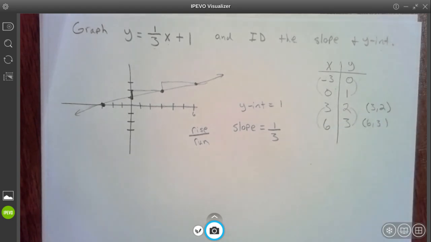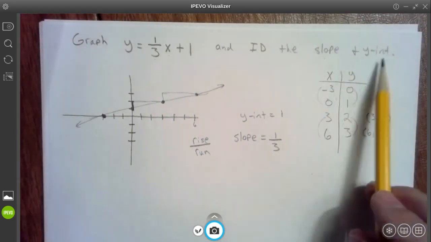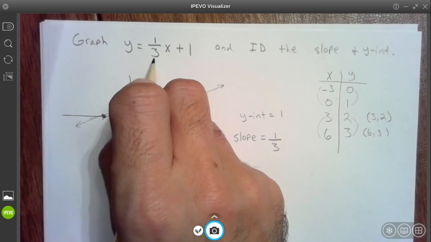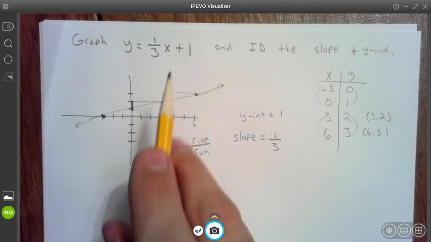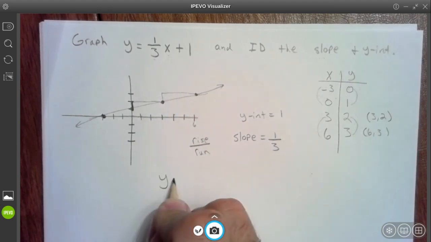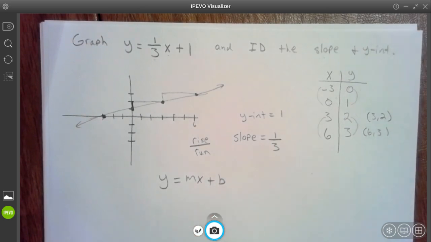That's the relationship there. Now, I mentioned at the end of that last video that you can tell algebraically what the slope and the y-intercept are. The slope is just the number attached to the x, 1/3, and the y-intercept is just that 1 there. That's because the line we graphed was in y = mx + b form. m is just a letter assigned to be the slope, and b is just a letter assigned to be the y-intercept.